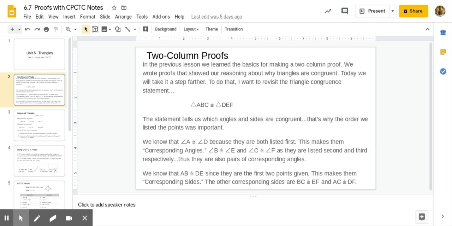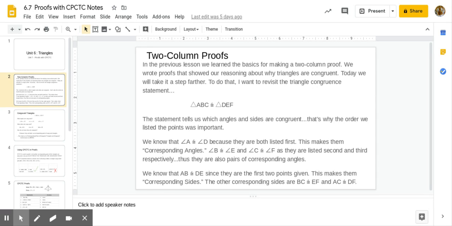That makes them what we call corresponding angles. Corresponding meaning they're in the same location or they're paired together. And then B being second and E being second would be another pair of corresponding angles. And F and C, both being last, would be yet another pair of corresponding angles. So we have three pairs of corresponding congruent angles.